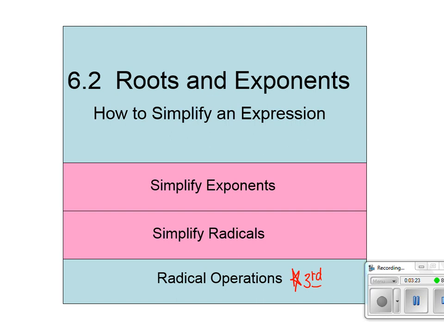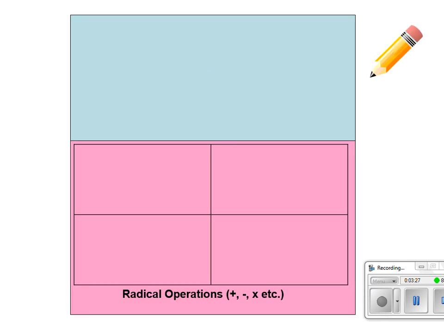So if you open your flip chart to that third and final tab, you will notice that inside, up here, we are going to make some notes. First we're going to talk about multiplying and dividing. And then down here, we're going to talk about what we do when we add or subtract. We're going to take some notes on those, and then we're going to do our examples down here.